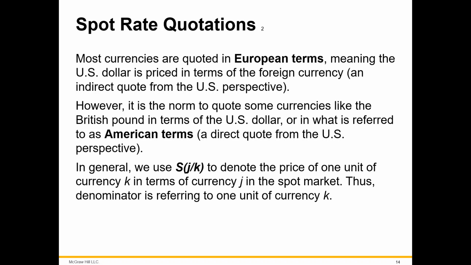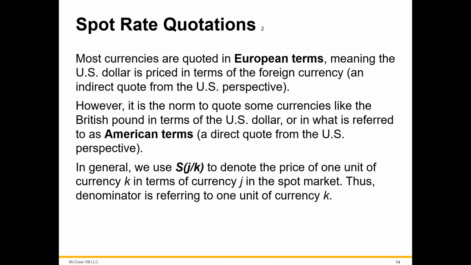So we talk about direct quotes and indirect quotes from the perspective of an American. The language for an indirect quote for an American is described as European terms. And when it's a direct quote, we'd say it's in American terms.